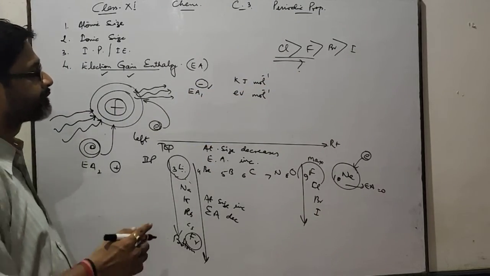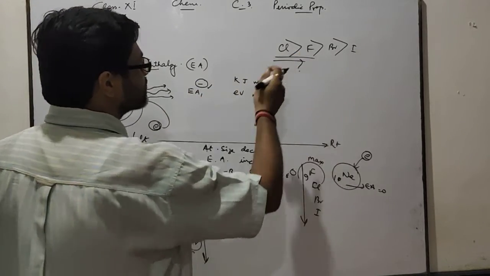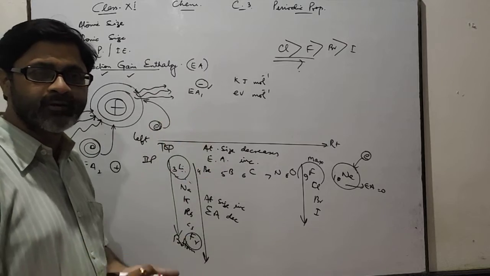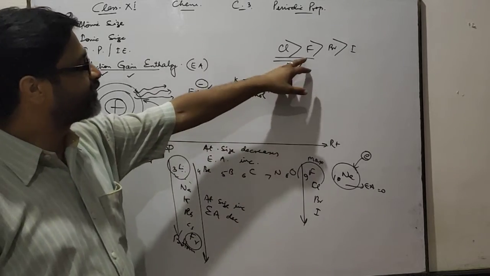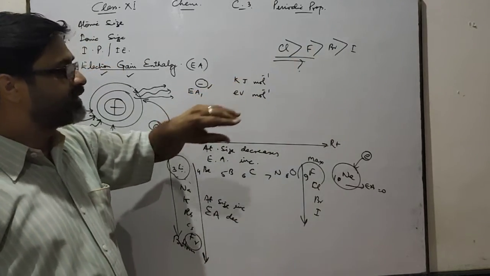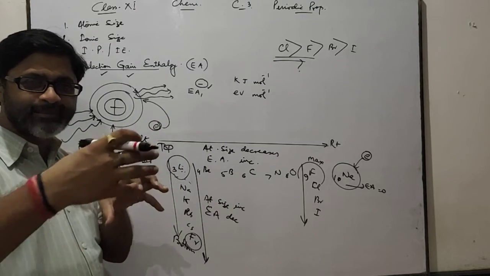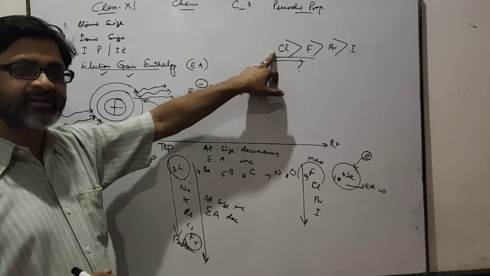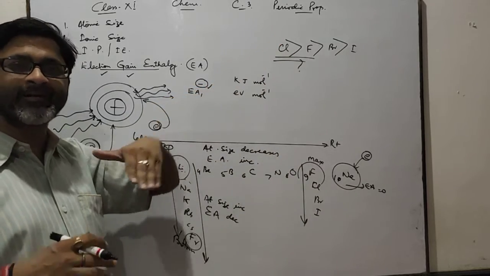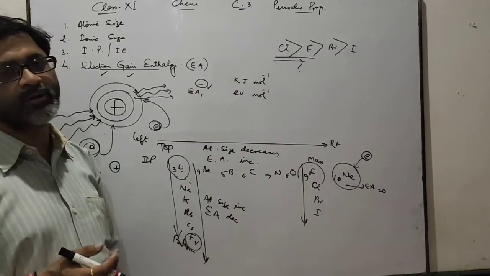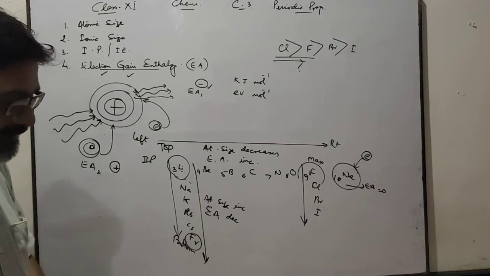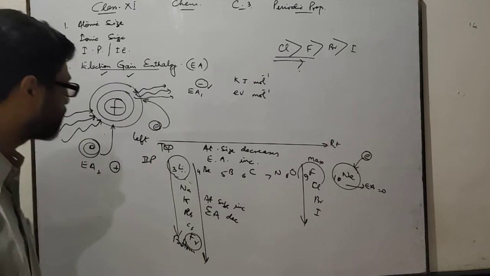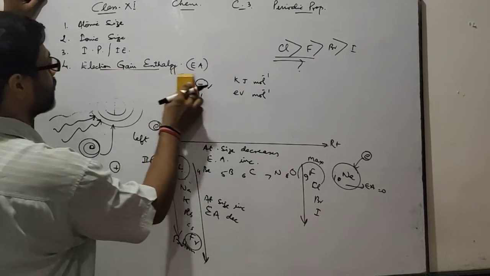Why so? The size of fluorine is very small in comparison to chlorine. Hence, fluorine releases less energy on accepting an electron than chlorine. Chlorine has greater size, hence it releases more energy than fluorine when an electron is added. Okay, this is about the electron gain enthalpy.